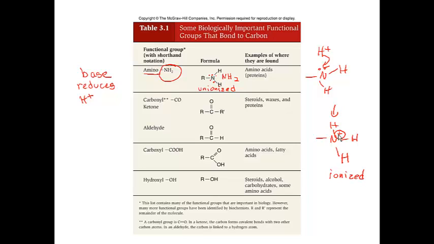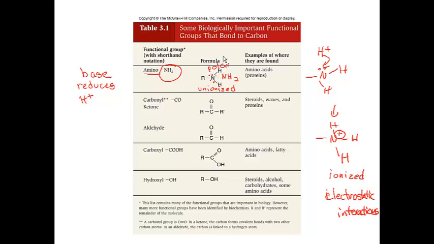What type of bonds can the ionized form of the amino group participate in? That's right, they can participate in ionic bonds. I'm going to start to call them electrostatic interactions. We also know that by nature these bonds are polar.